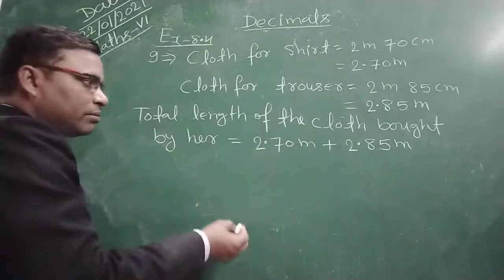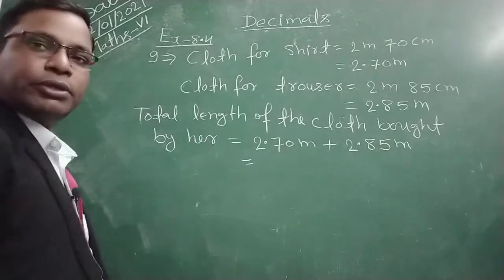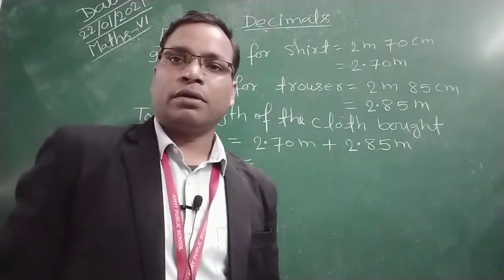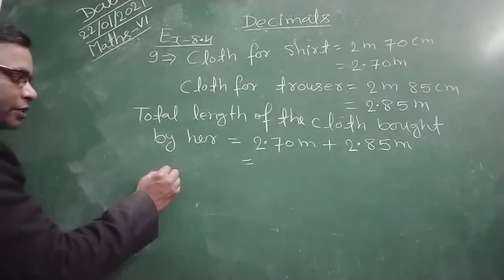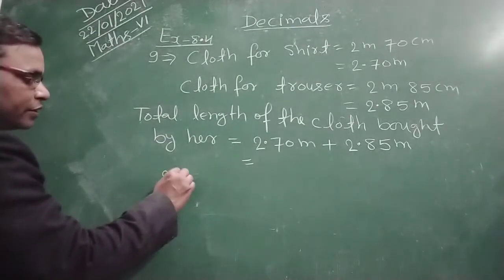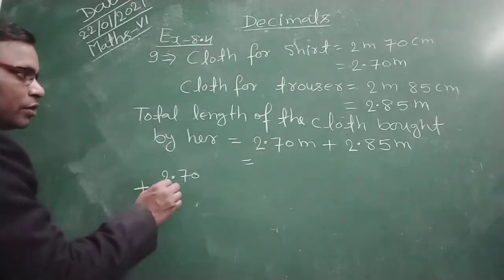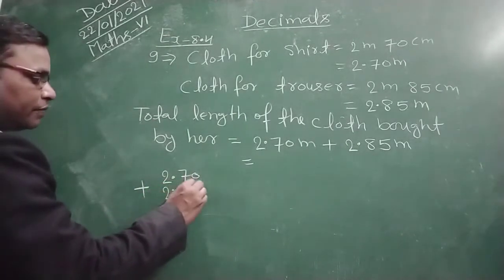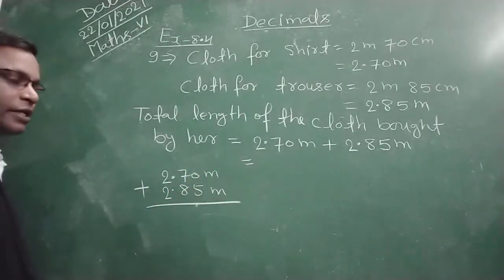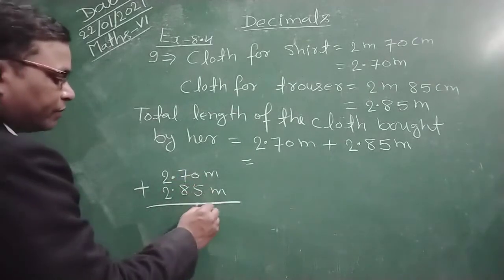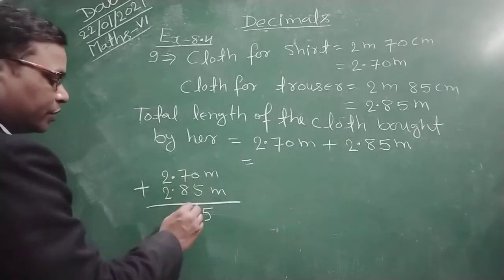So how do we add them? If you face any difficulties to add in horizontal method, you can use the vertical method. Okay, so here we use the vertical method. Let's see, 2.70 plus 2.85, both are in meter. Clear? Add them. 0 plus 5 is equal to 5, 7 plus 8 is equal to 15.